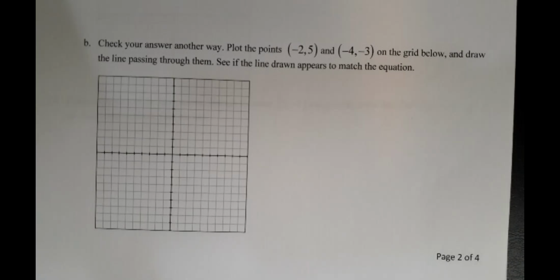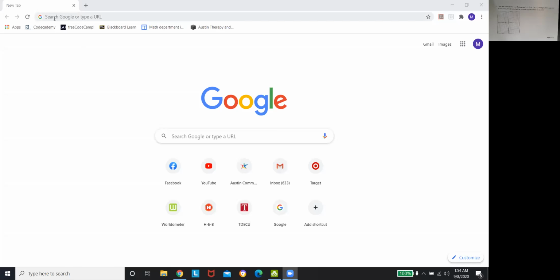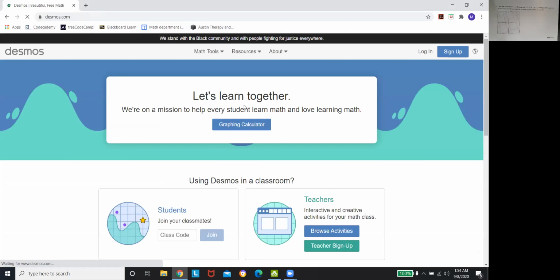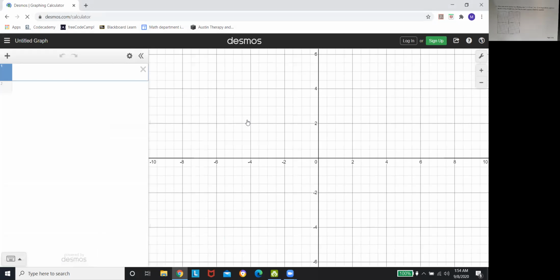Let me get that out of the way, do a screen share. Let's go to Desmos. Do a graphing calculator.